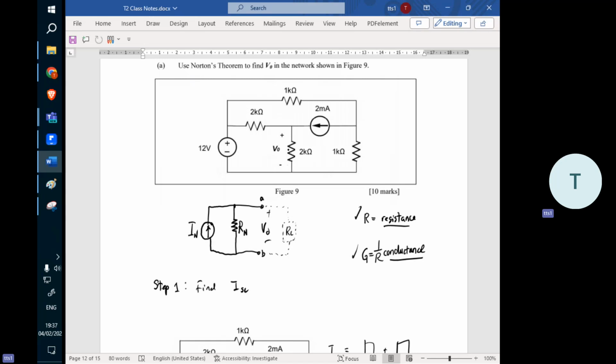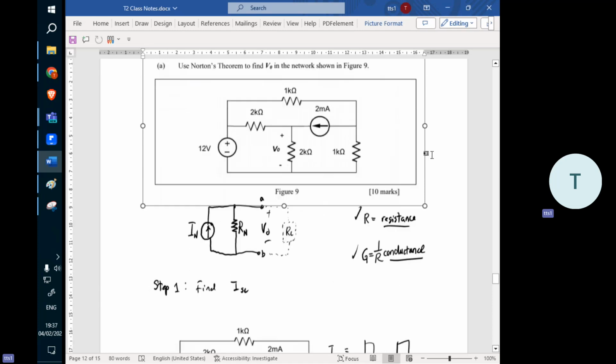In this case, the RL is already put inside here, but the question didn't mention it. The question just asks you to find a Norton without mentioning that this 2K actually is the RL. It's not part of the original circuit. We need to convert the original circuit into these two components, and then at the end we leave the RL here to calculate the Vout. This is what I mean.